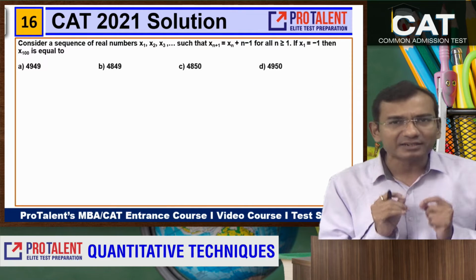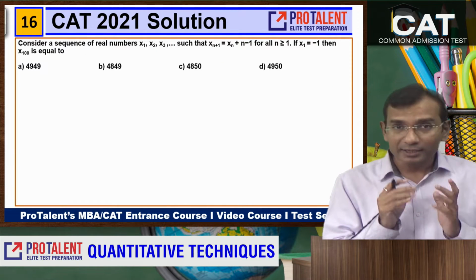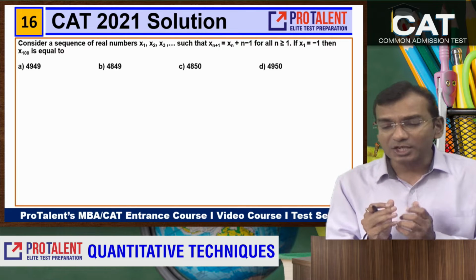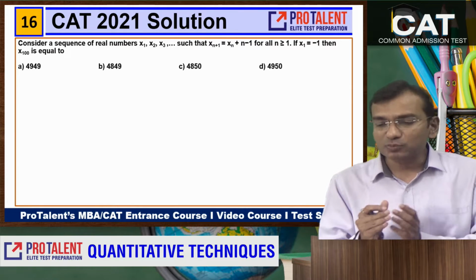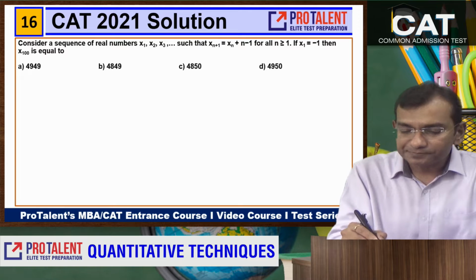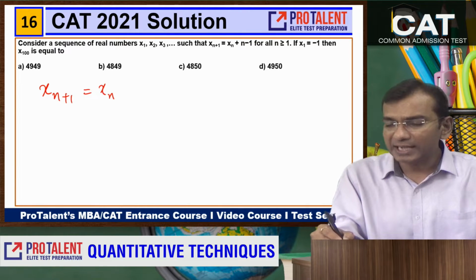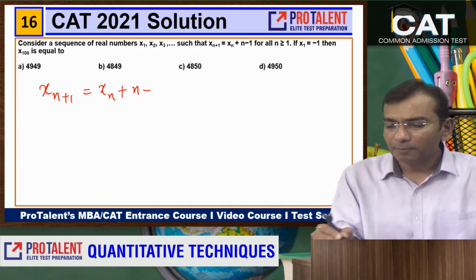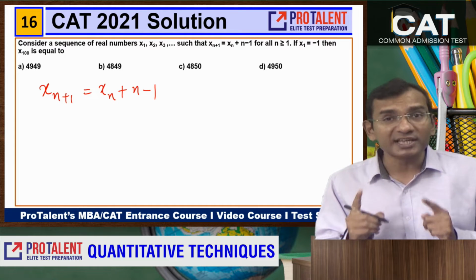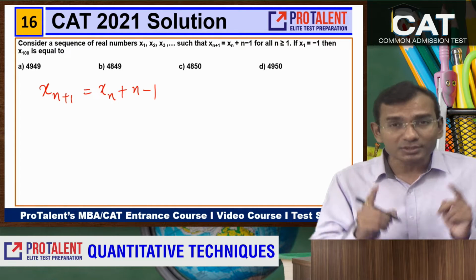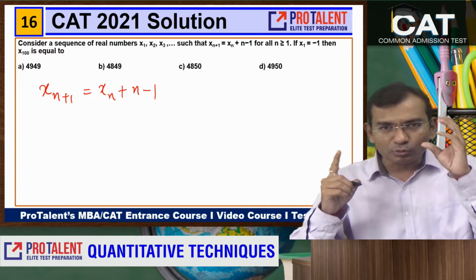This is a very interesting series question. Okay, consider a sequence of real numbers x1 to xn such that xn plus 1 is equal to xn plus n minus 1. दोस्तों नोट किया जाए, whenever you get such kind of questions, रूल हमेशा बहुत सिंपल सा है.